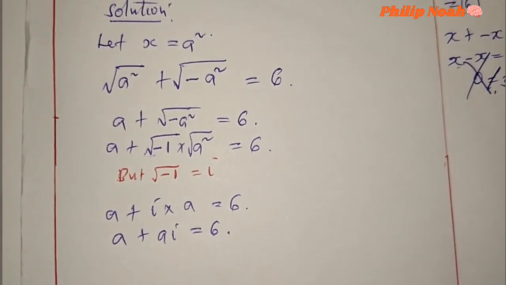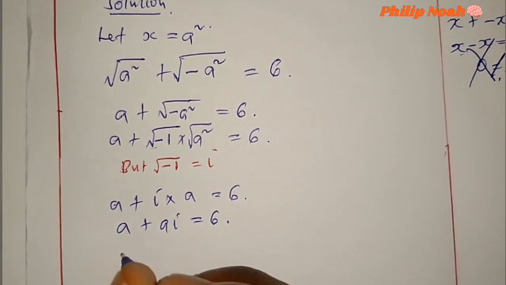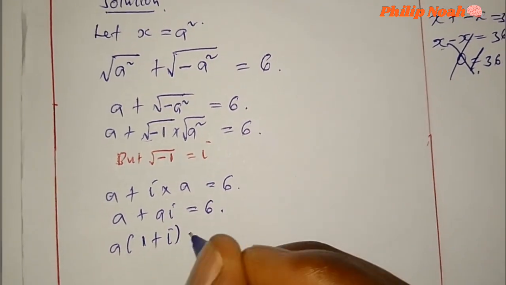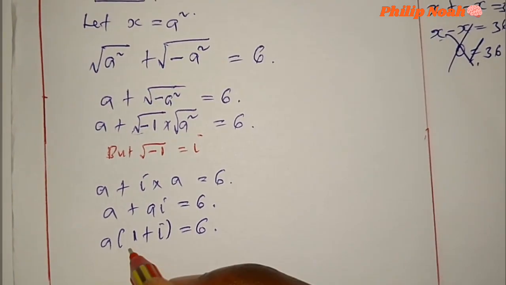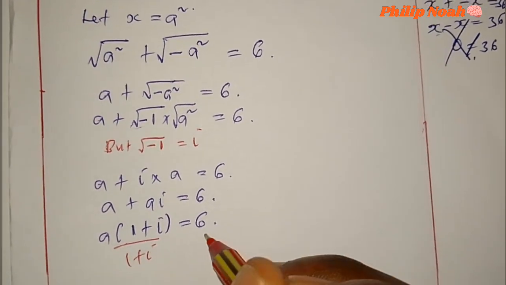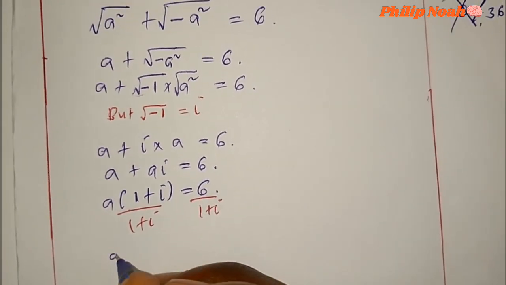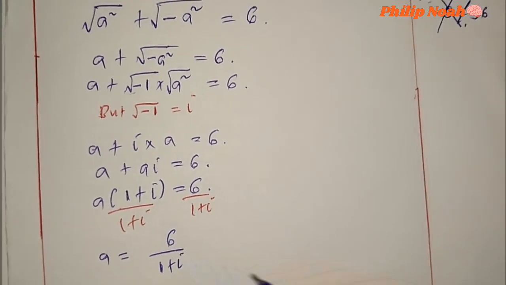After that, we shall factor out a. Now we have a times 1 plus i is equal to 6. Let's make a the subject of the formula by dividing both sides by 1 plus i, and we have a as 6 over 1 plus i.